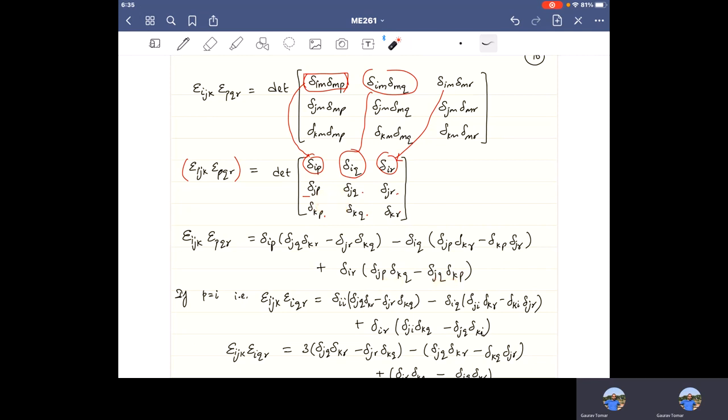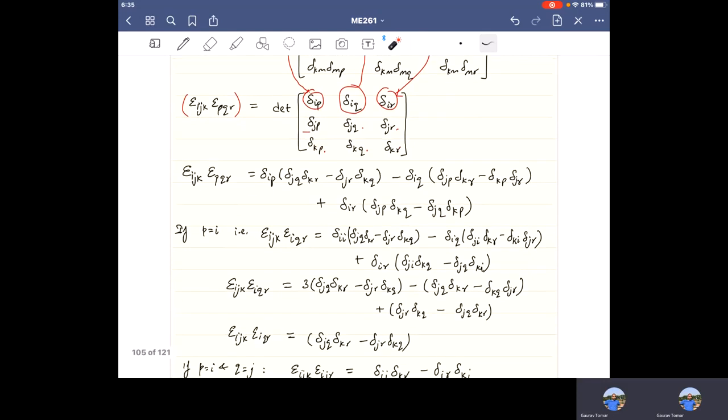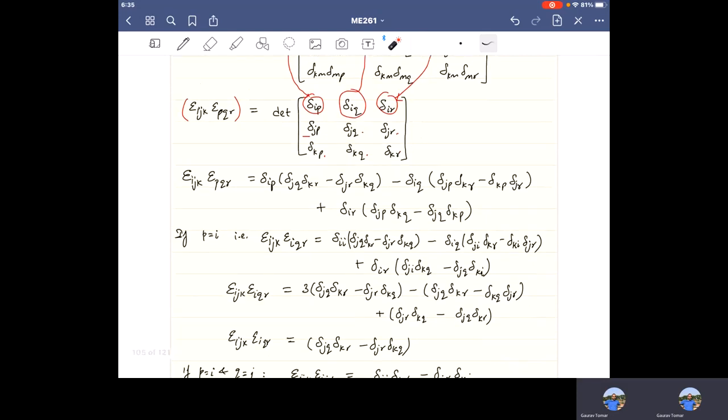So this is how you get it. Finally, because there is no repeated index here, and every expression will have i, j, k, and p, q, r, you get the product in this form. On the left hand side you have 6 indices, right hand side you have 6 indices, and there is no summation happening, of course.